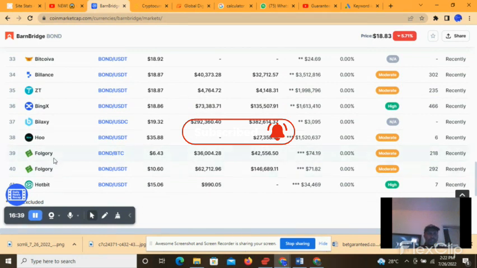Are we together? The current price is 10.60. So we are going to head over to Folgori.